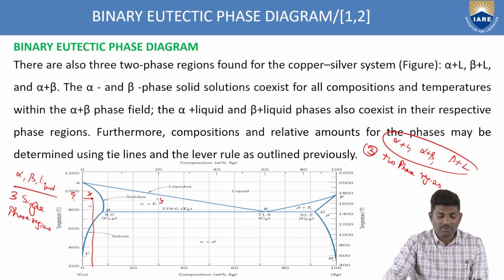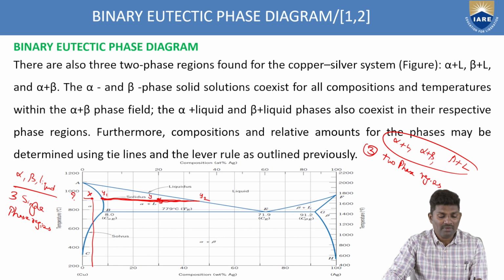So what is the tie-line method? I have to draw a line which passes through this point Y and intersects the boundaries of these two regions, at points y1 and y2.